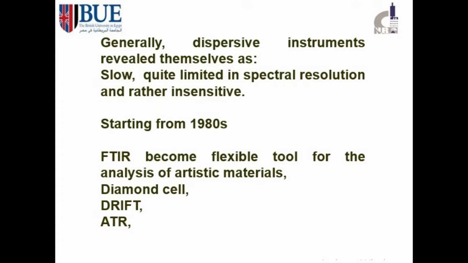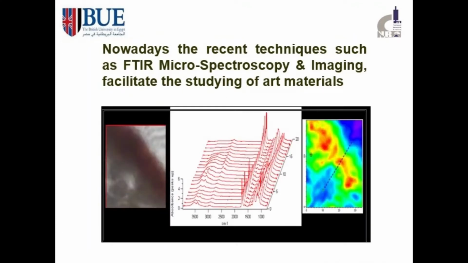Nowadays, FTIR could be coupled with a microscope, forming microspectroscopy for imaging and mapping of artifacts, which is of concern these days in studying cultural heritage objects.